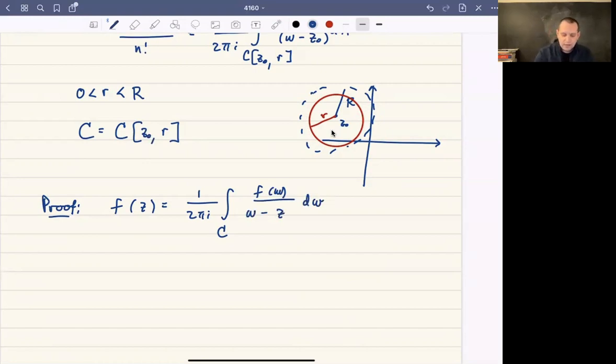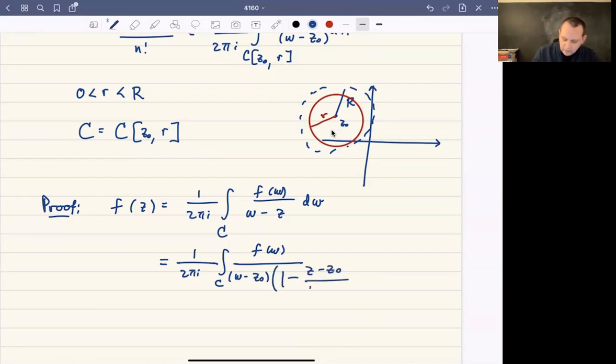Everything is good. Now, what we can do is mess with the denominator a little bit. So this is 1 over 2 pi i times the integral over c of f of w over, and I'm going to rewrite w minus z as w minus z naught times 1 minus the quantity z minus z naught over w minus z naught.